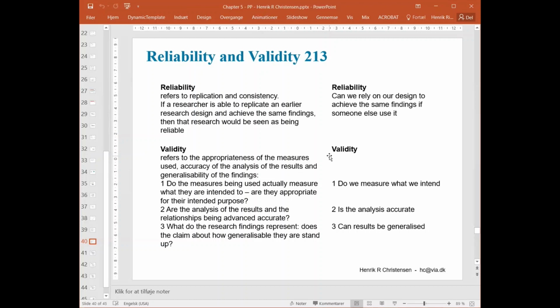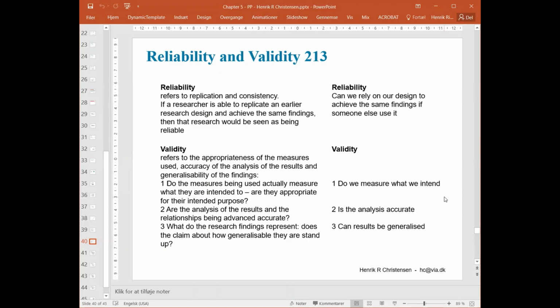Then validity is about the accuracy of the analysis of the results. So it basically means, do we measure what we intend to measure? If we want to measure people's satisfaction, are we using the right wording? Are we using the right type of questions?